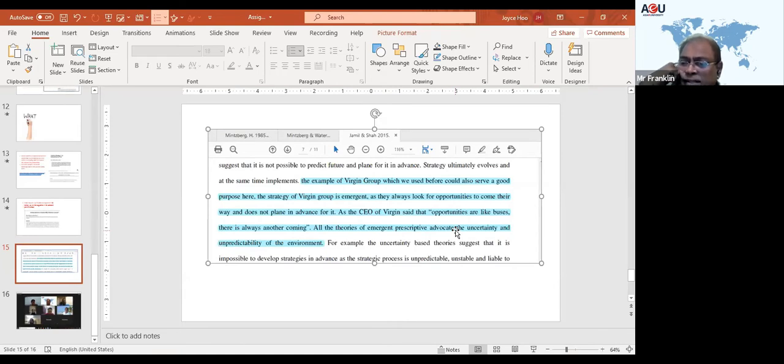As the CEO of Virgin said, opportunities are like buses, there is always another coming along. All the theory of the emergent perspective advocates the uncertainty and unpredictability of the environment. So what does he answer you? What kind of environment is it that emergent strategies can help to compete?